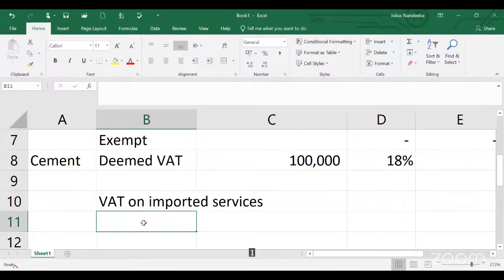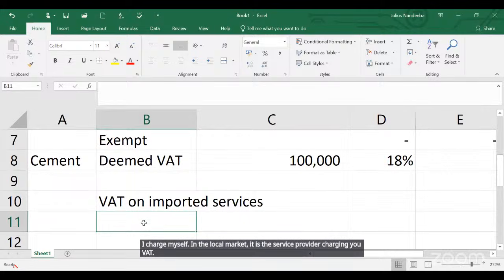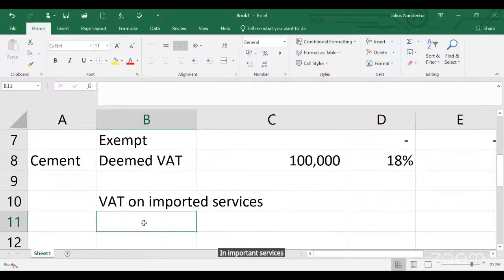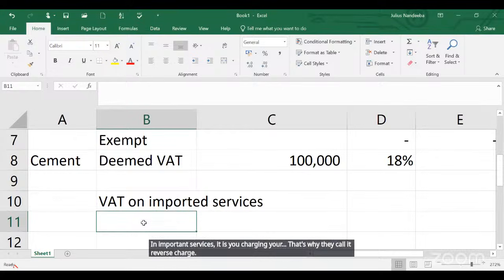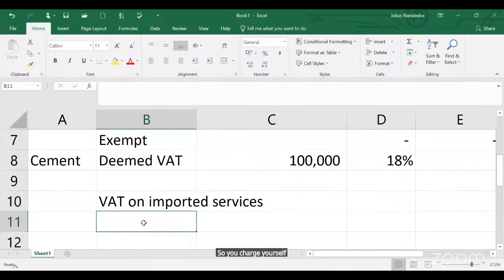In the local market, it is the service provider charging you VAT. In imported services, it is you charging yourself, that's why they call it reverse charge. So you charge yourself VAT at 18% and declare it separately from any other VAT. And that's what you call VAT on imported services.